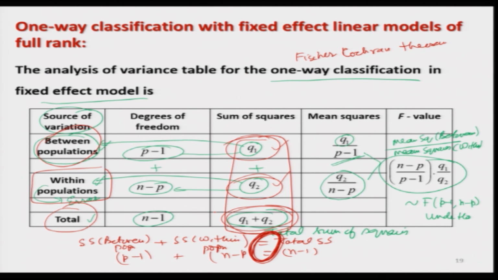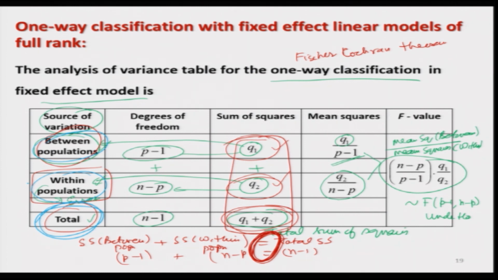Now, the second question is why this is called analysis of variance. You can see from this table very clearly that we are dividing the total variation, measured in terms of the total sum of squares, into two orthogonal components, the sum of squares due to between population and within population, and both these quantities measure variation.